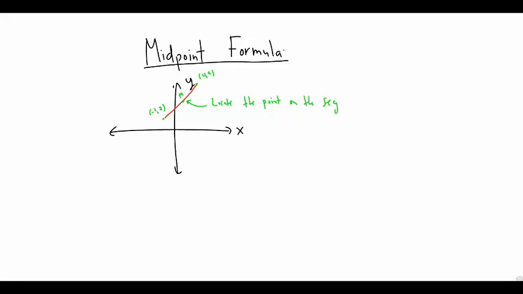It's the point on the segment, there will only be one of them, whose distance, let's label this P1 and this P2, whose distance to P1 is the same as its distance to P2.